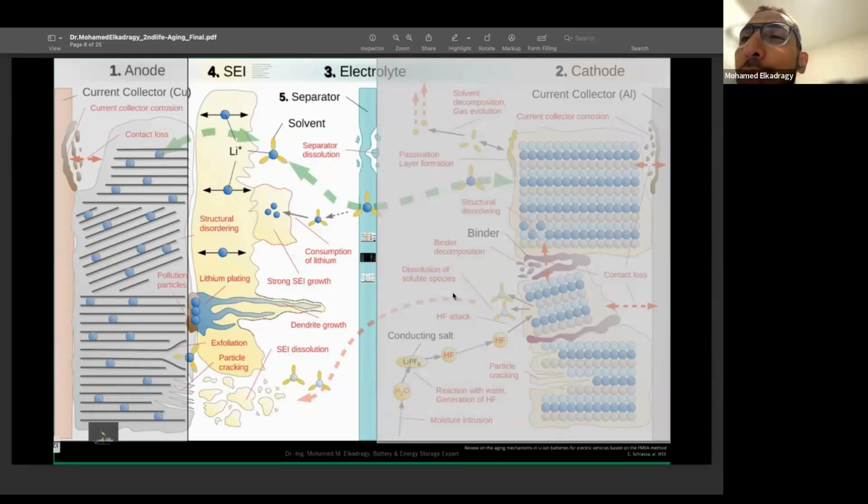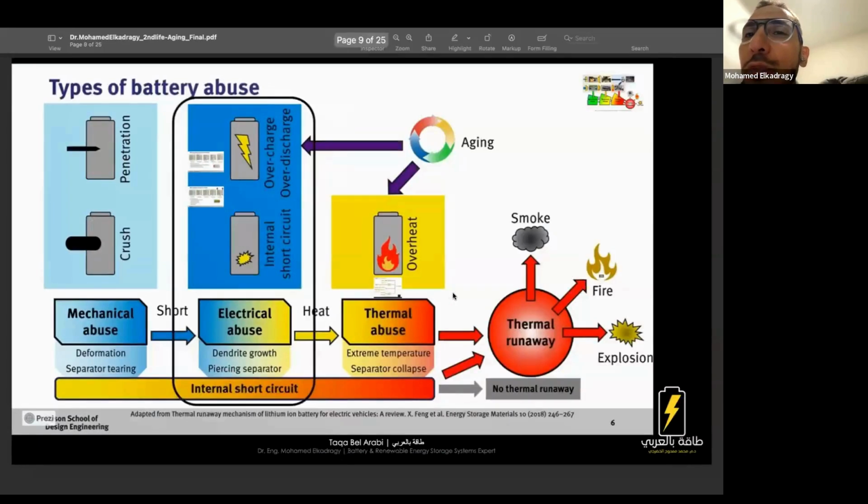And talking about thermal runaways, I guess we can go to the next slide, which I like as well, from the Dyson School of Engineering, summarizing thermal runaway. As you see this circle on the top right corner saying aging, aging really participates in causing electrical or thermal abuse of a battery cell. We have three main sources of thermal runaway: mechanical, electrical, or thermal abuse.